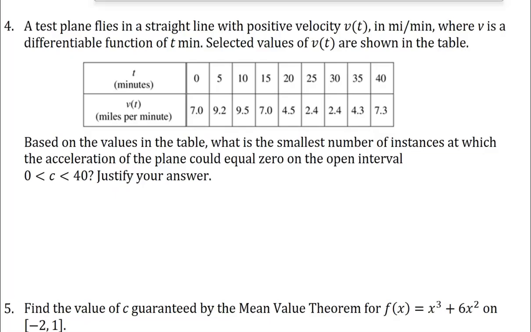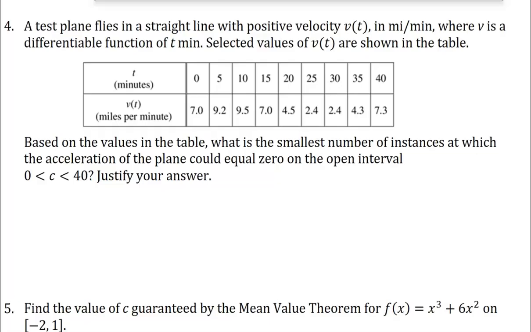So first of all, can we prove how many times, or the minimum number of times, that a rate, so acceleration is a rate of change of velocity, was equal to 0? Basically, how many intervals can we prove that for?